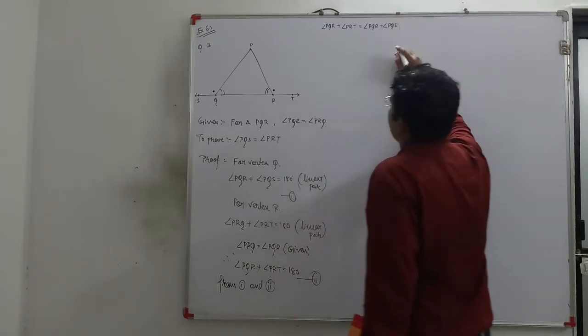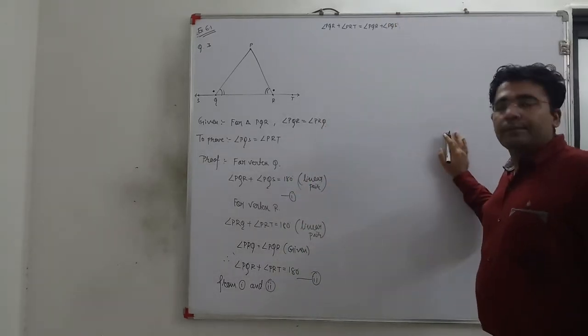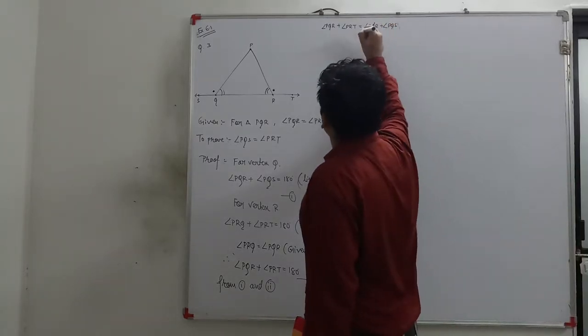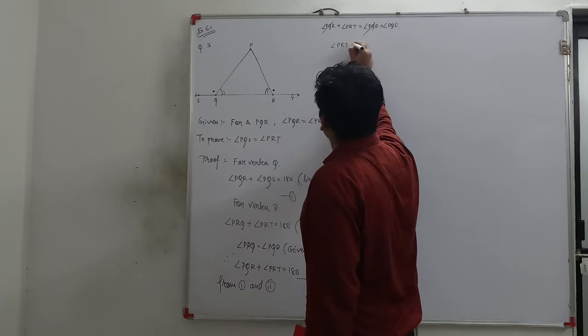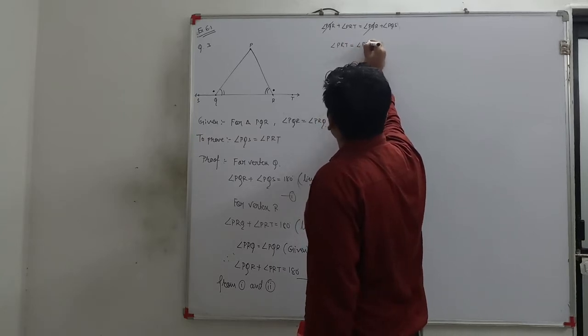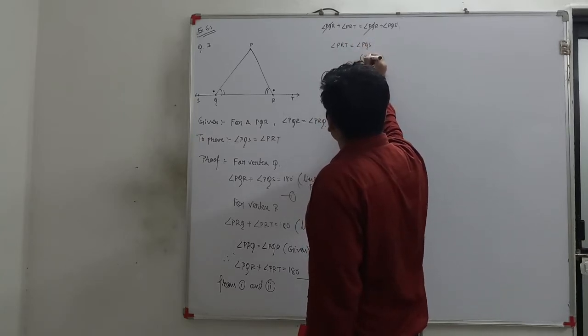Both sides have PQR, so PQR and PQR can be cancelled. Here we get angle PRT is equal to angle PQS. Hence proved.